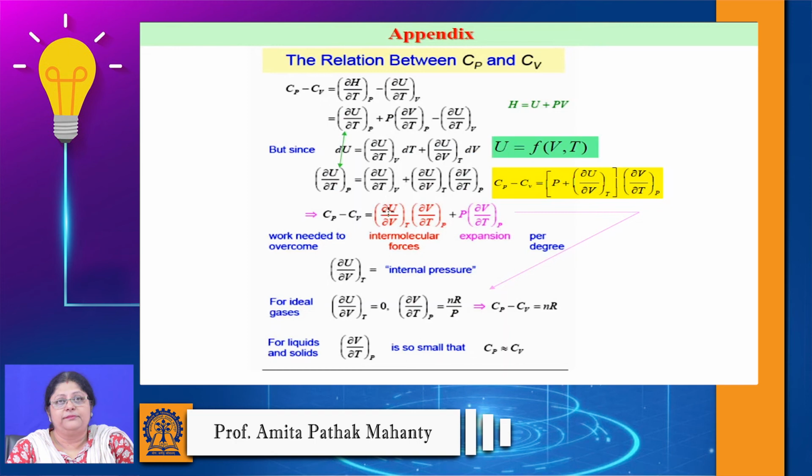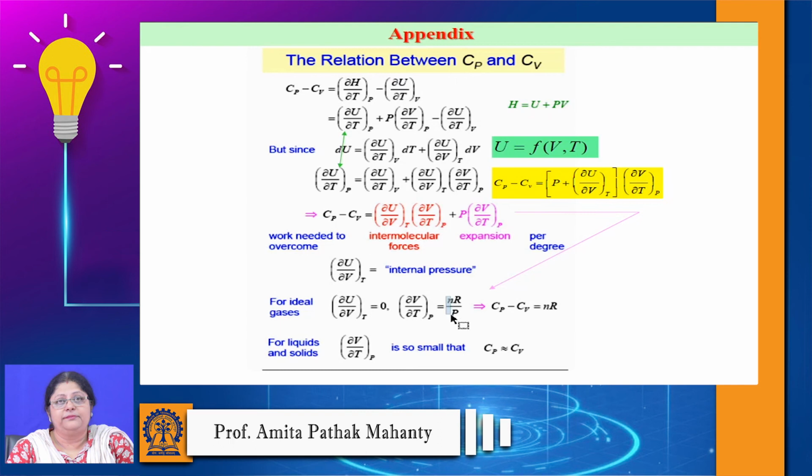Then what you have is P times the change in volume with temperature at constant pressure. If you evaluate, PV equal to nRT, so V equals nRT by P is what you're going to look at, and differentiate that with respect to temperature at constant pressure.